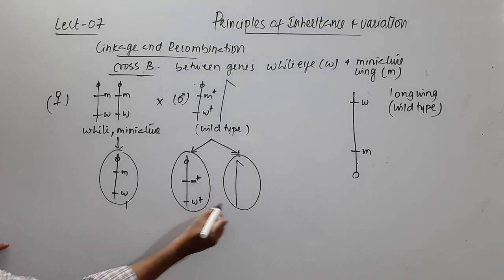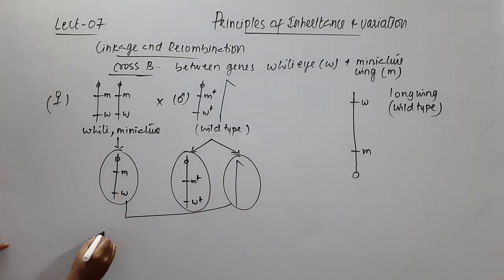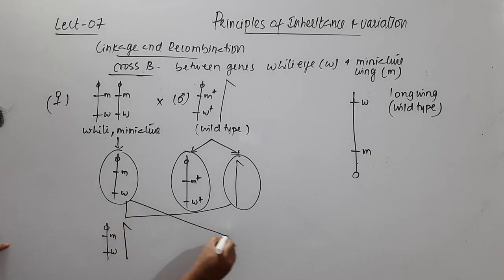Now this and this one will result in M W. So this is one offspring, this and this. So M W and M plus W plus.